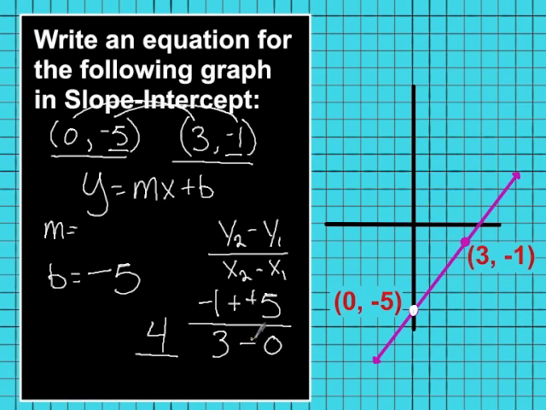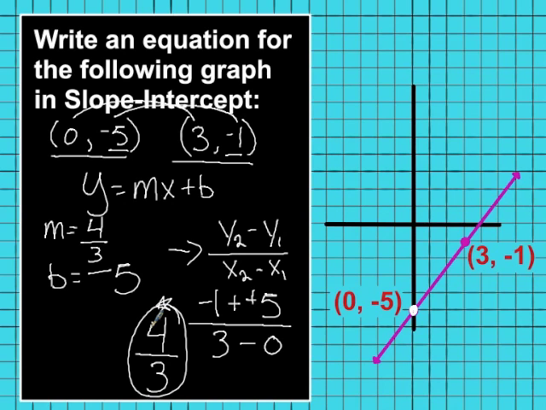And looking at 3 minus 0, that's self-explanatory, it's 3. So we get 4/3. Our slope then is 4/3. We used the equation, plugged in our numbers, and ended with a slope of 4/3.